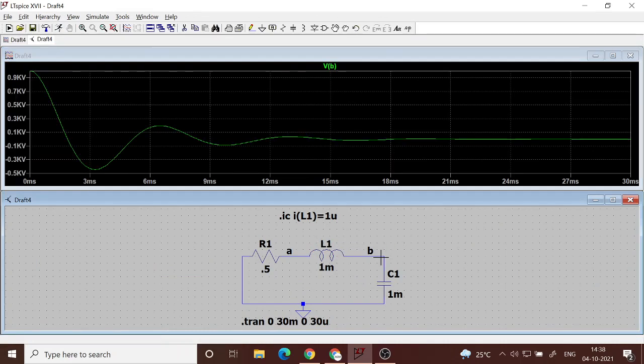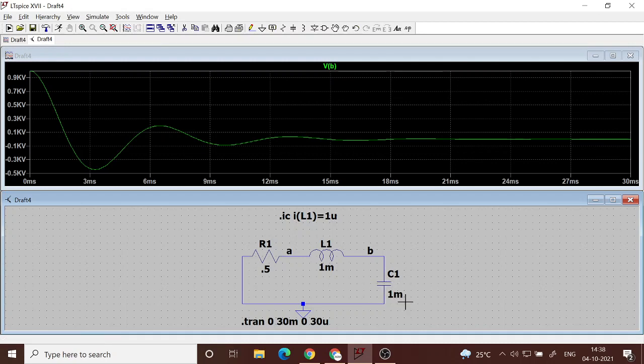Now let me see. Still it is in kilovolts. Earlier it was megavolt, it is now in kilovolt. So for 1 millifarad, a capacitor is actually a huge capacitor. We don't practically use such a big capacitor.